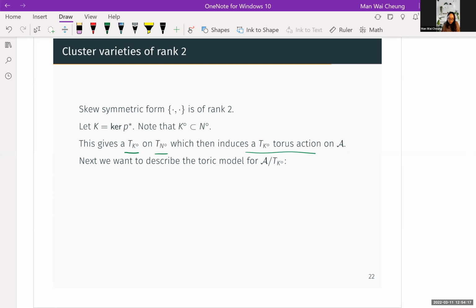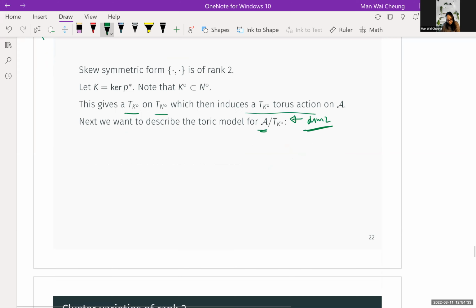So what we mean by cluster variety of rank 2 here is that we want to look at this cluster variety quotient by the kernel or the torus action. And you can see here it is the dimension 2 things that we are looking at.